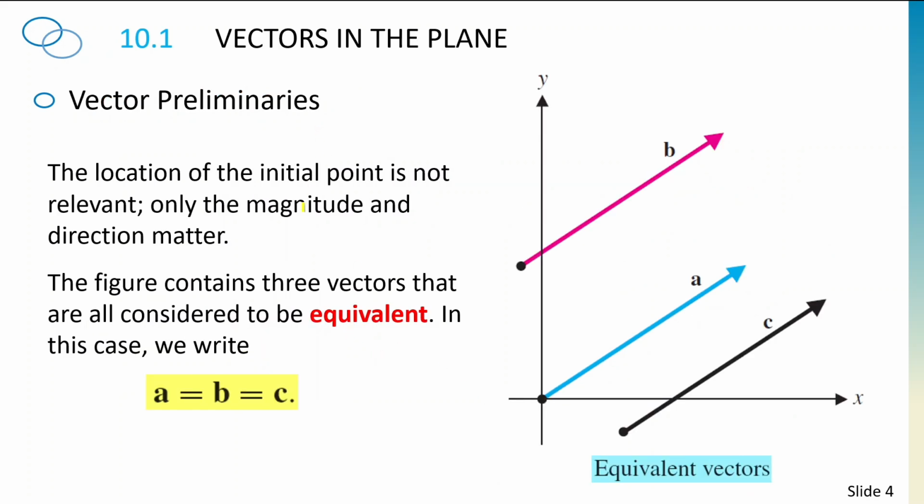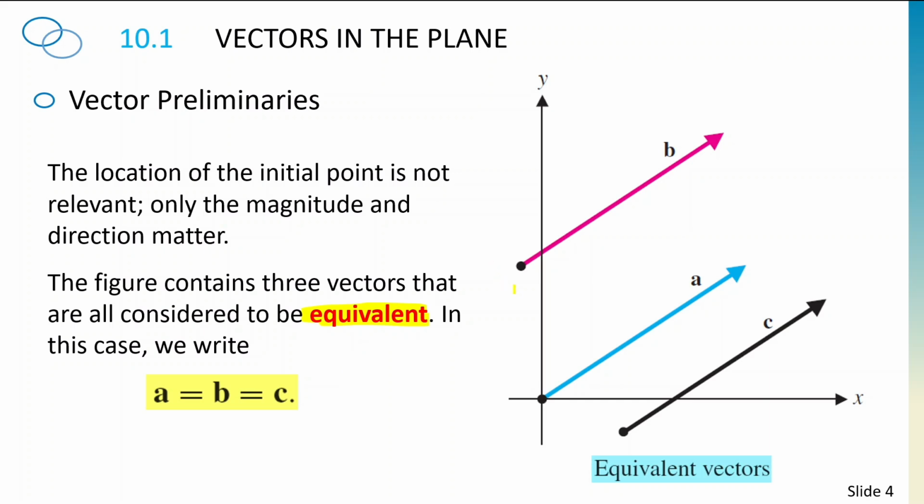Now, when do we say that any two vectors are equivalent to each other? You see just this word, equivalent to each other. It means that they are equal to each other. So again, we said what makes any vector unique is its magnitude and direction. So any two vectors are equivalent to each other if they have the same magnitude and the same direction, which makes sense.